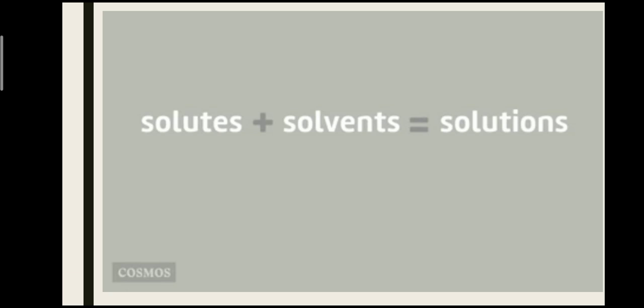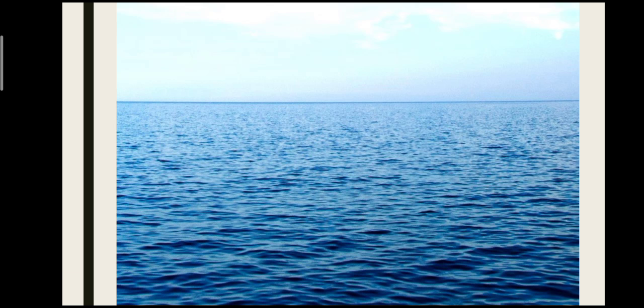Let's understand with an example. Sea water contains salt, but we cannot see it. Salt has dissolved in it, so sea water is a solution. In sea water, water is the solvent, and all the salts and gases dissolved in it are solutes.